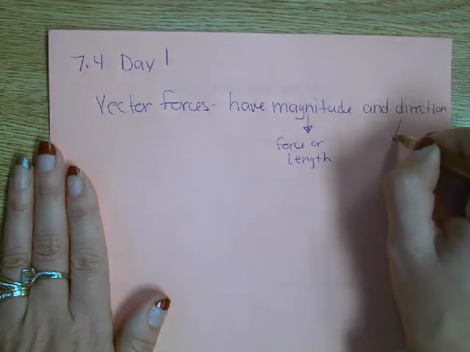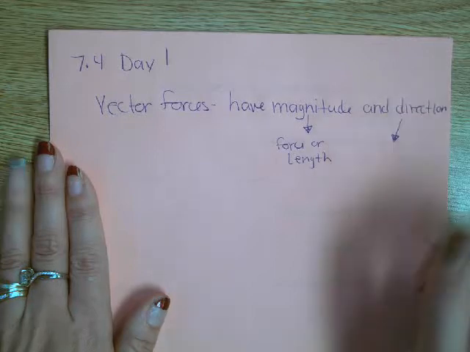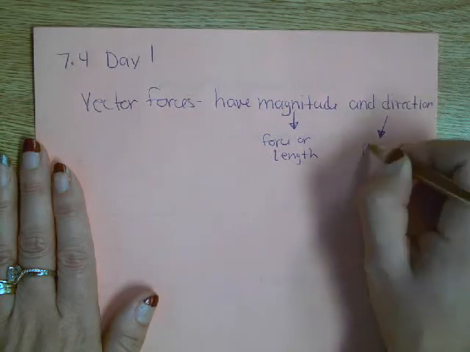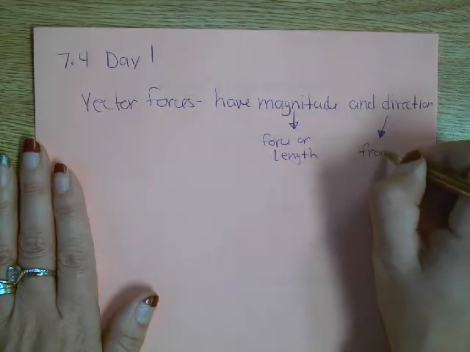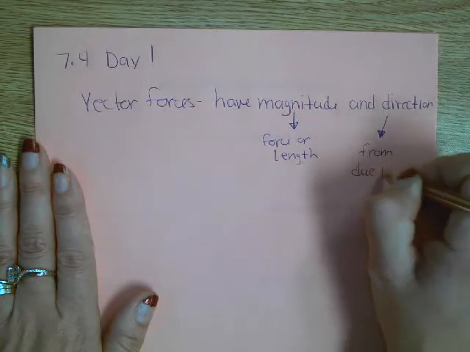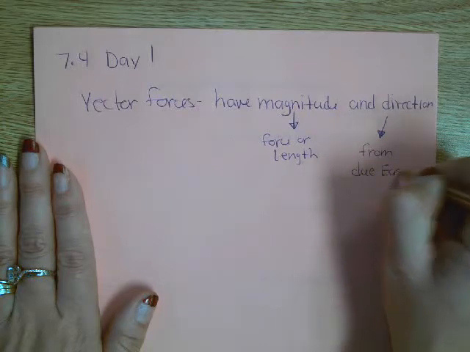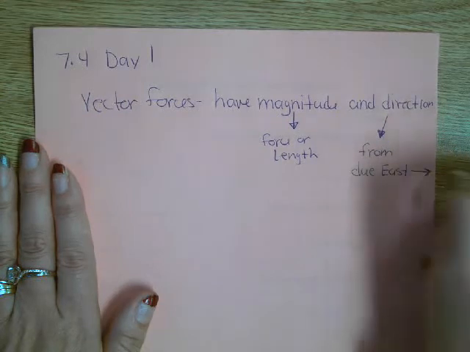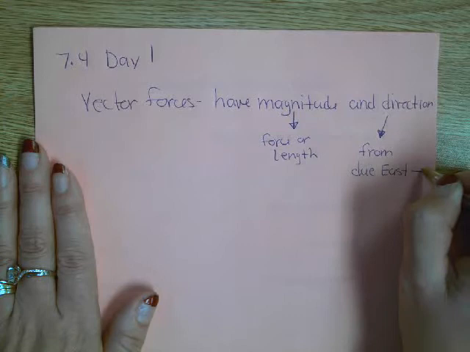And direction for vectors, not quite like bearings, but because they're from due east, that's our positive x-axis, and then we go counterclockwise.